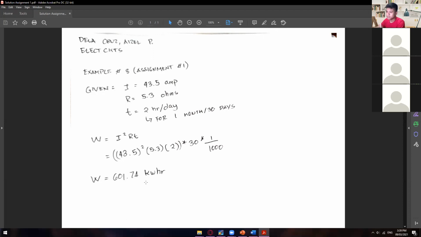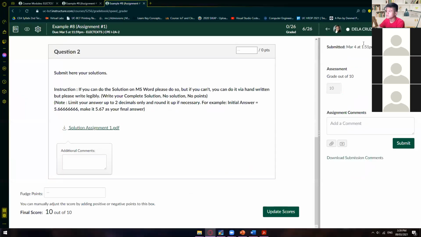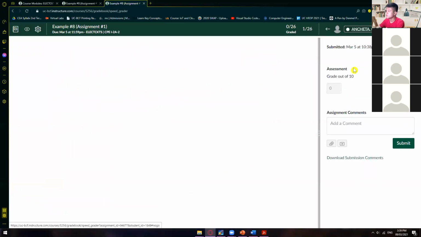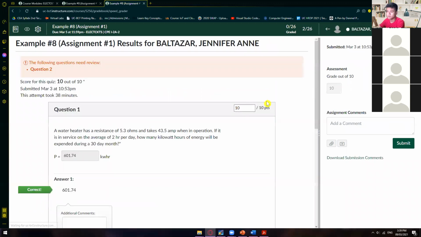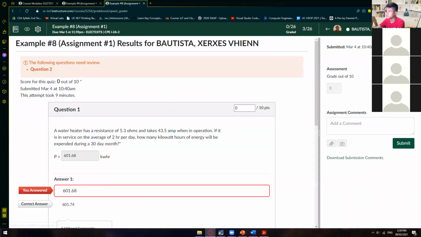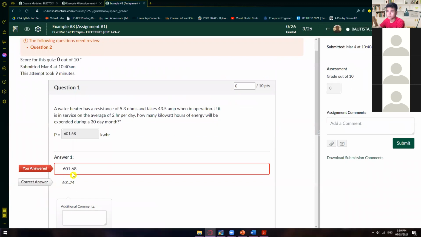Any question or clarification so far? Most of you got this one correctly, but there are others who weren't able to get the correct answer. Like this one, I'm not really sure, but I might consider it.